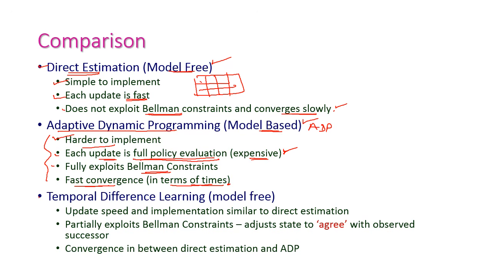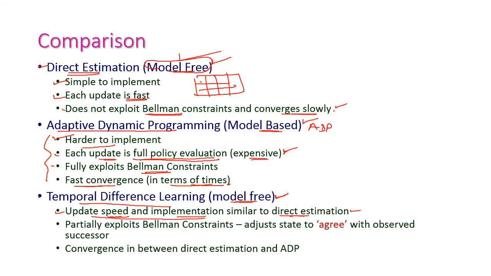The third one is temporal difference learning, which is also a model free learning like the first one, direct estimation. Hence its update speed and implementation are similar to direct estimation, because this is also a model free one.